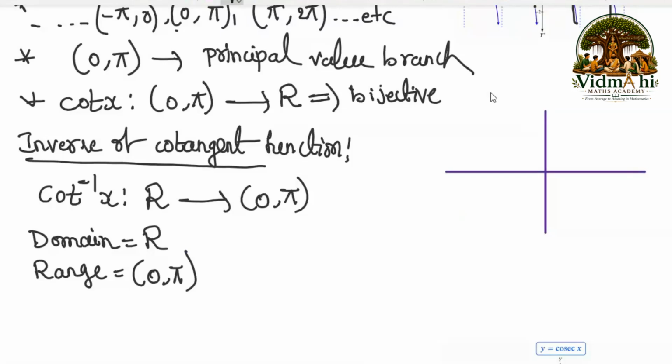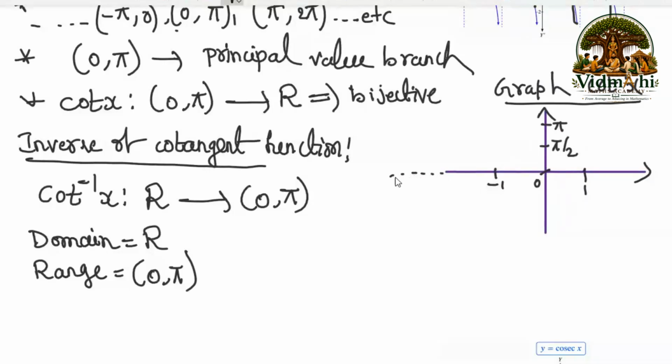Now if you observe the graph of the cot inverse function, observe here. On the x-axis, we have 0, 1, -1, and here you represent pi by 2, pi. Except 0 values, it's a dotted line, except the 180 value, dotted line.